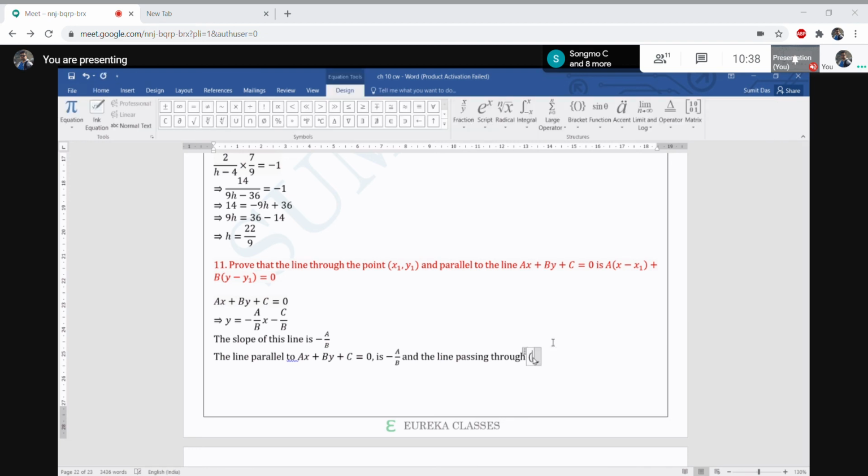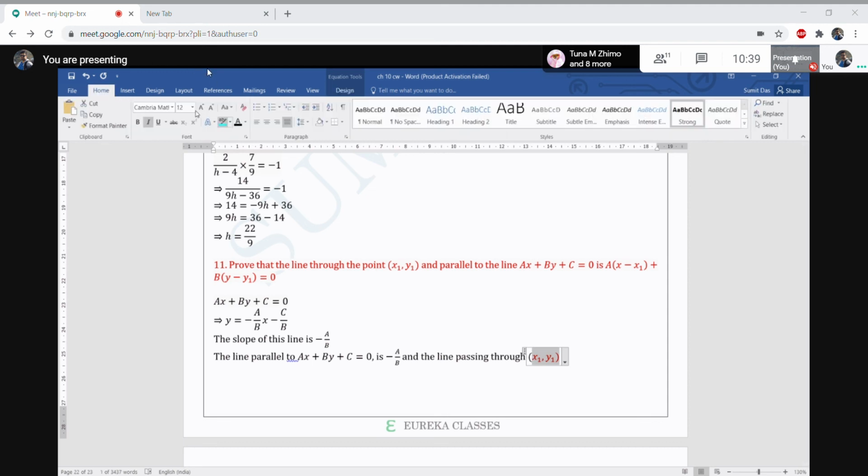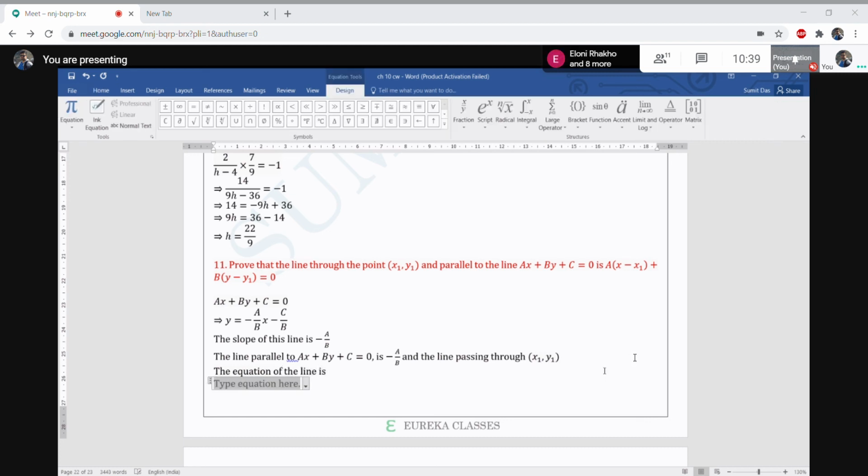So using the point slope form, the equation of the line is y minus y naught equals m, where m is minus a by b, times x minus x naught.